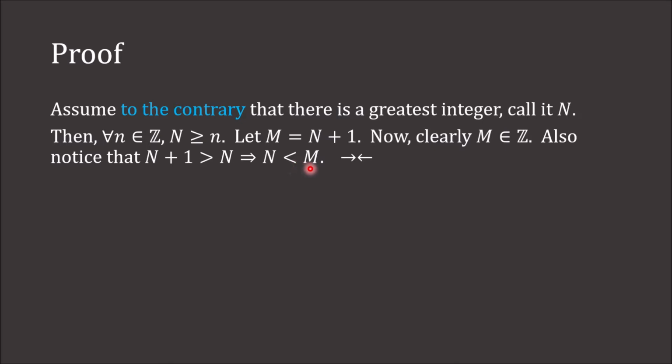M is an integer larger than big N, but we just said that big N had to be greater than or equal to every integer. This is a contradiction. So this is the symbol that will be used to represent contradictions. Therefore, there is no greatest integer, right? Our original assumption that there is a greatest integer is wrong.